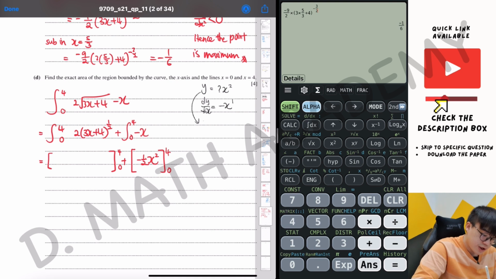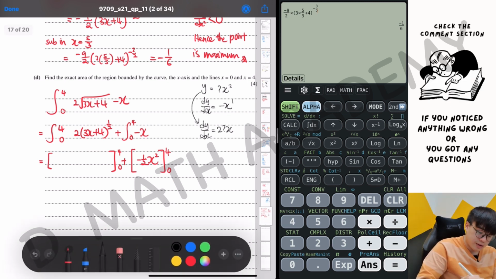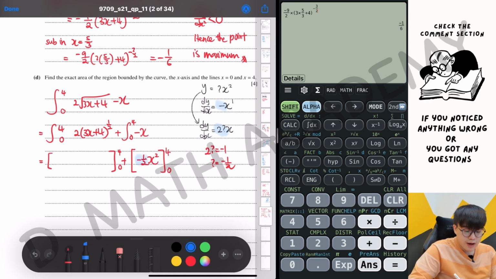When you differentiate it, you will have two unknown x, and when you compare them accordingly, your two unknown against -1, unknown will be -1/2. So this is the reason why I put -1/2 here.